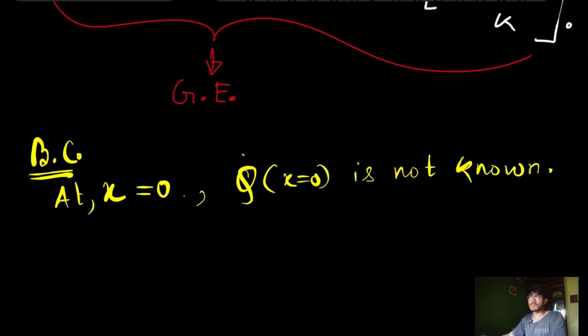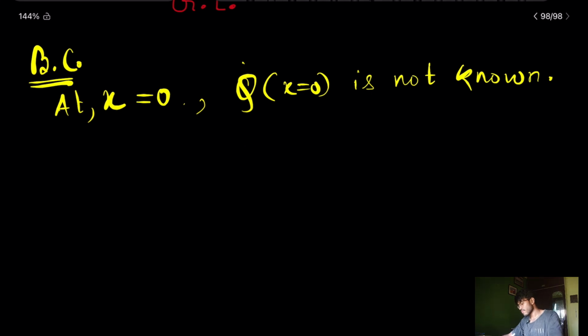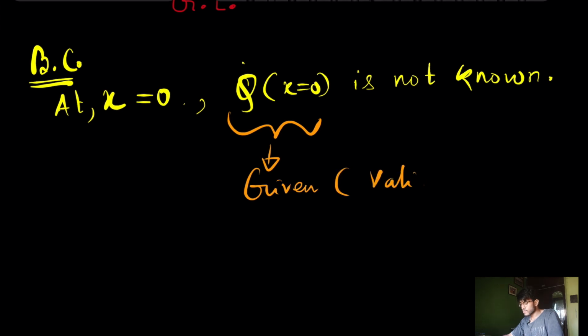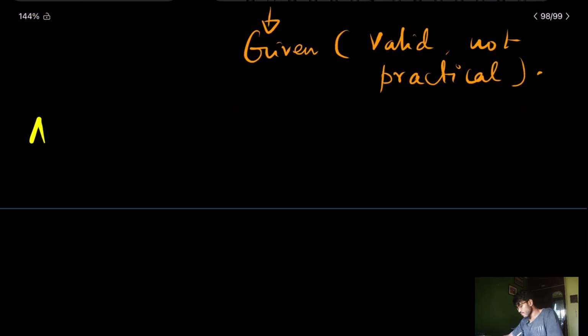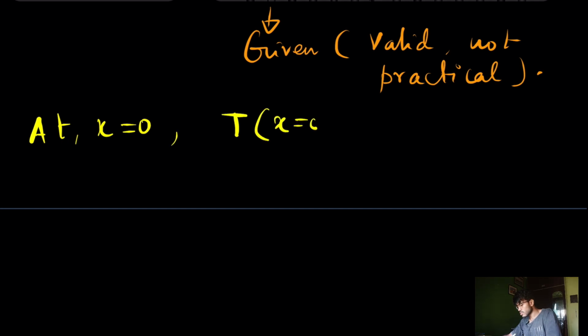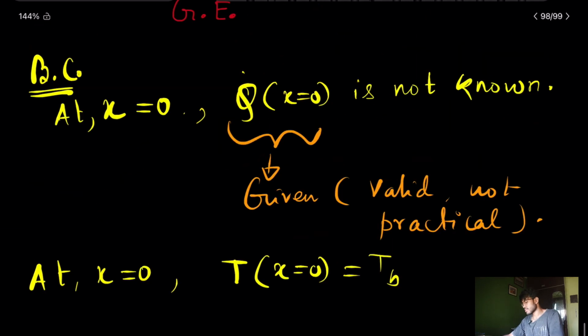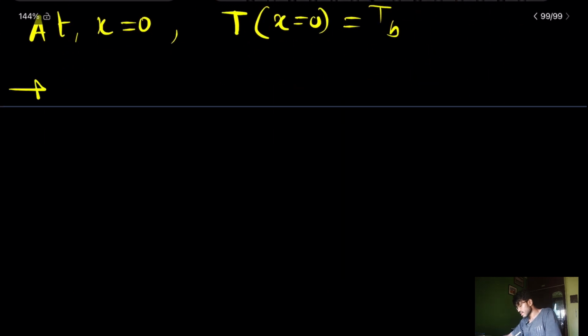That is valid but not practical from the point of view of fins. Practically you know only the temperature at that point, so at x equal to 0, T is given as some base temperature, T base.